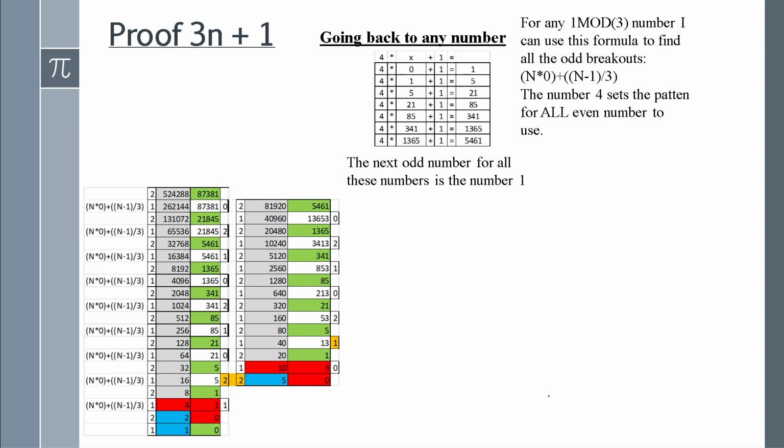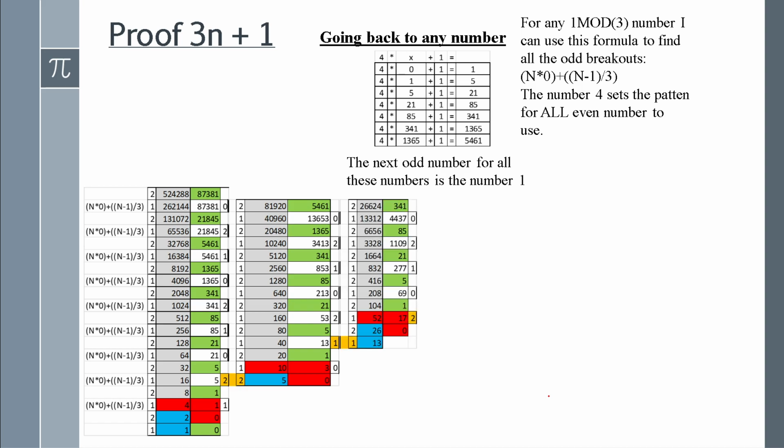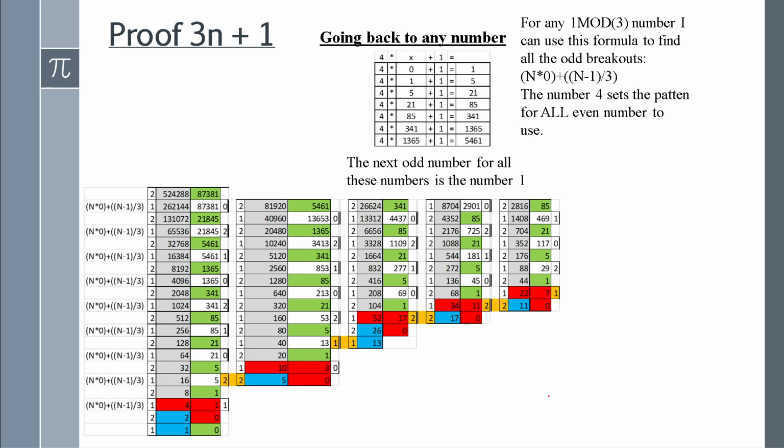So they're just going to duplicate. 7 and 22 would be the next one. And then 9 and 28, right? 11 and 34. And then 13 and 40. 13 and 40 is going to be a copy of 10 and 3.